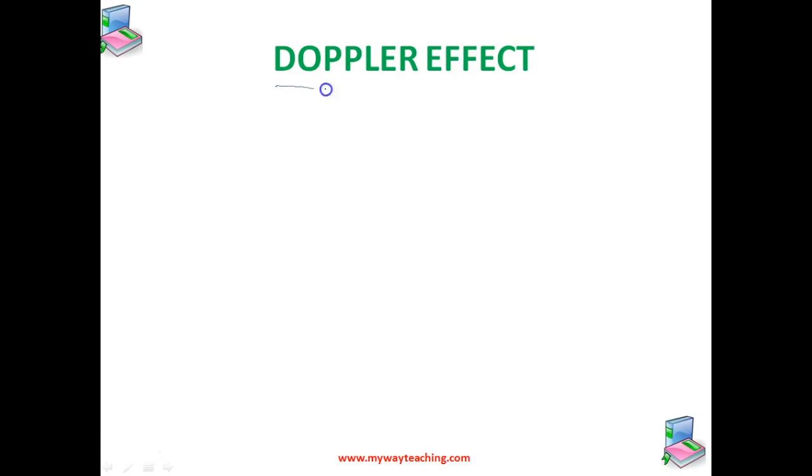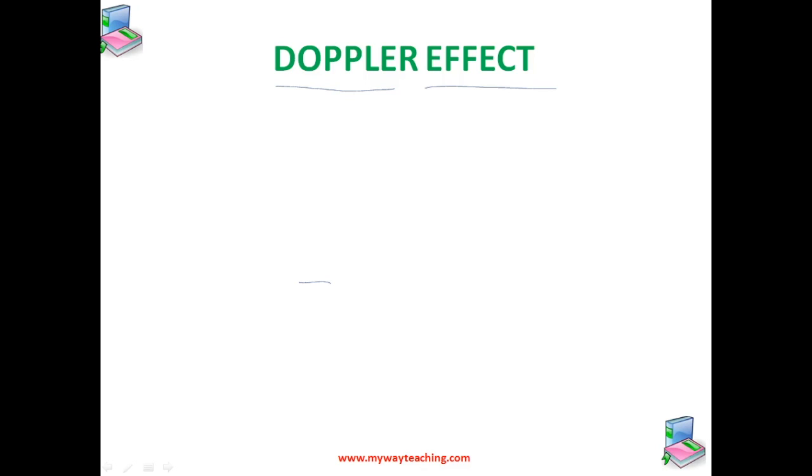Now let us study about the Doppler effect. See, it is an everyday experience that the pitch of the whistle of a fast moving train decreases as it moves away. That happens when we approach a stationary source of sound with high speed.